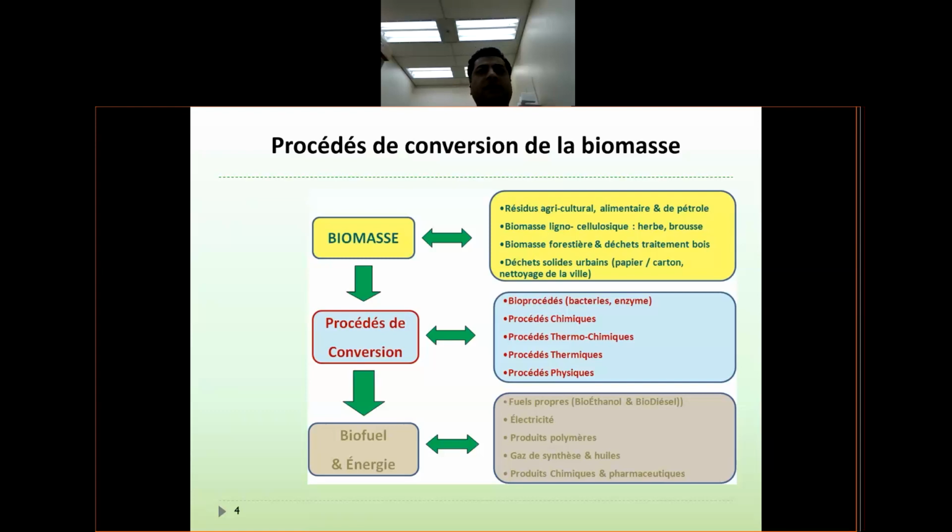Those considerations that we need to take, we call pre-treatment. So we have physical and chemical pre-treatments before processing biomass to be converted to our target product.